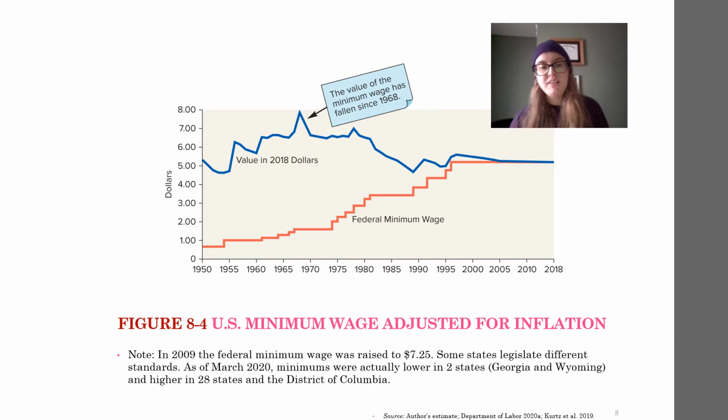Now, some states have higher and some states have lower. For the ones that are lower, like Georgia and Wyoming, it depends on what type of job you are employed with. For those who get tips, for instance, your minimum wage is actually around $5 per hour, because you're relying on those tips.